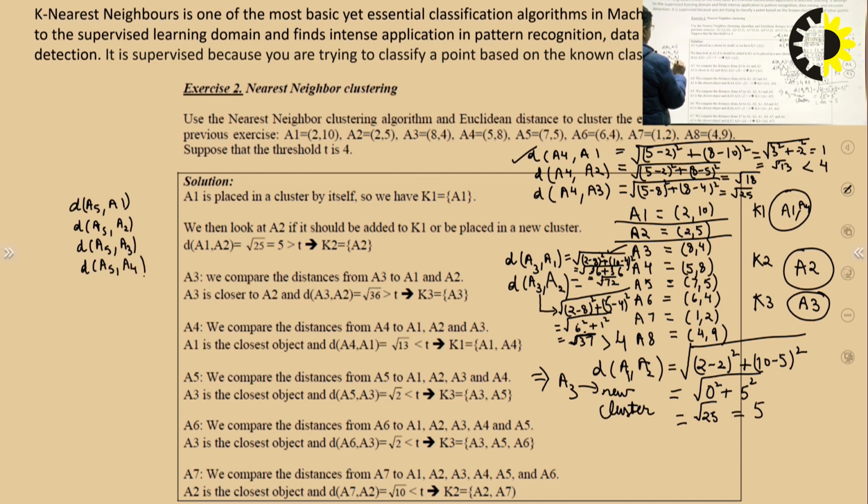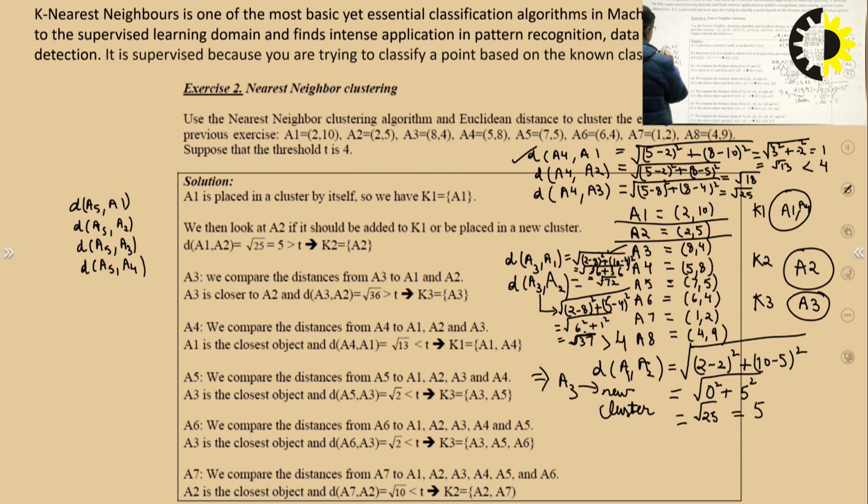That means all the points which are there in the existing clusters. And when we calculate these four Euclidean distances, we will find that point A5 is closest to point A3.